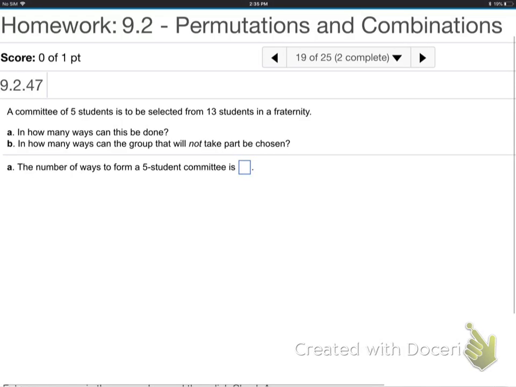Okay, a committee of 5 students is to be selected from 13 students in a fraternity. In how many ways can this be done? So we're gonna select a committee. So a 5-student committee. Ask yourself, are the offices different? Offices are not different. They're the same, right?